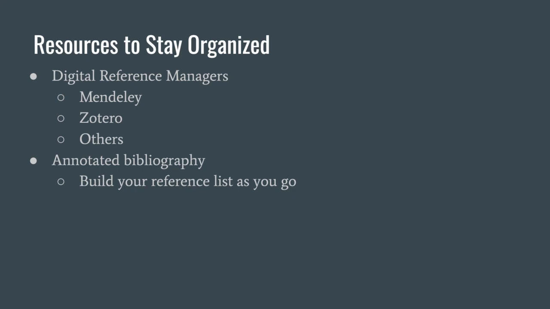This can also help if you, like me, have trouble remembering what article you read something in. So it also helps, if you're not doing it as an annotated bibliography, to put those things in your notes in your reference manager.